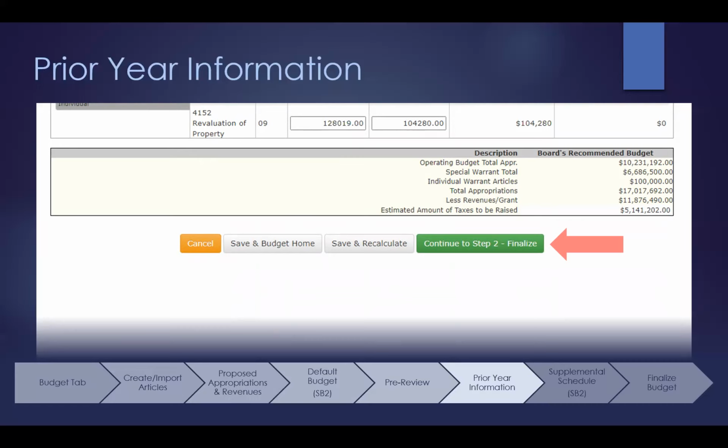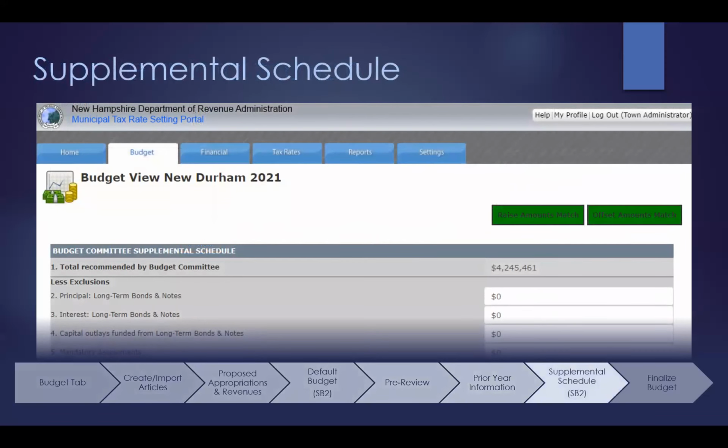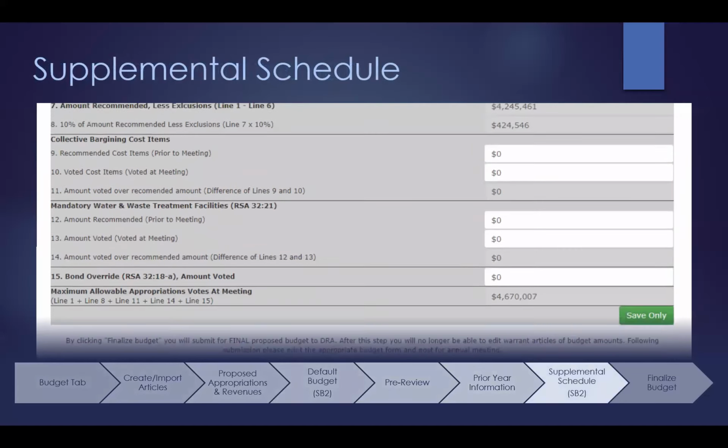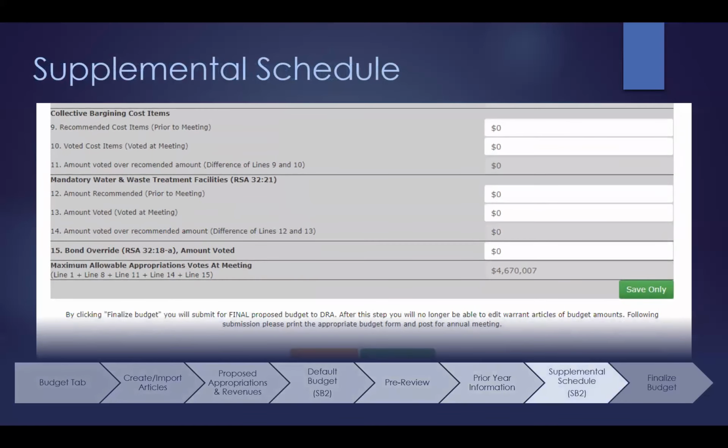Now, if you're an SB2 community, you have one more step. Clicking that Finalize button is going to bring you to the Supplemental Schedule. Now, this is that 10% schedule where you're going to see your exclusions, your collective bargaining agreement articles, and so on. So this is the last step for those of you who are SB2 communities.